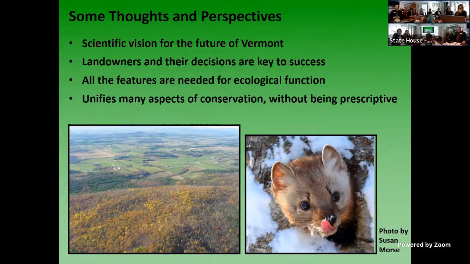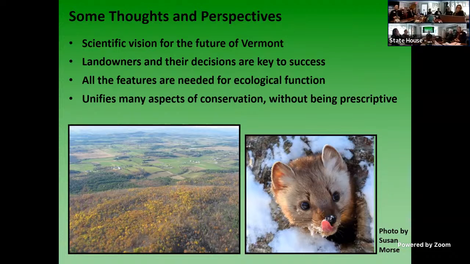So I guess just some overall thoughts. It's a scientific vision for what our ecologically functional landscape could be into the future. We're something like 80% private ownership in Vermont, so I think landowners and what they choose to do, what they want to do, is going to be key to achieving this vision into the future.